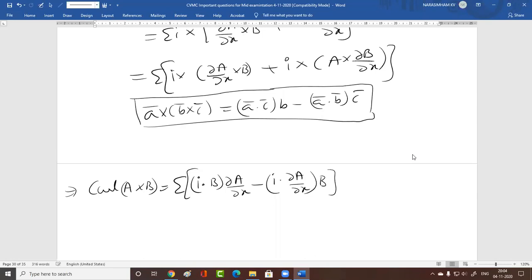In a similar way, sigma of i dot dou B by dou x into A, minus i dot A into dou B by dou x. If you simplify, you will get the required result.